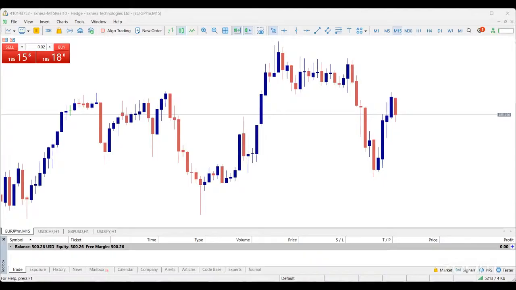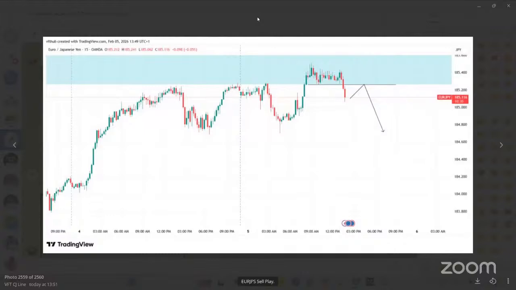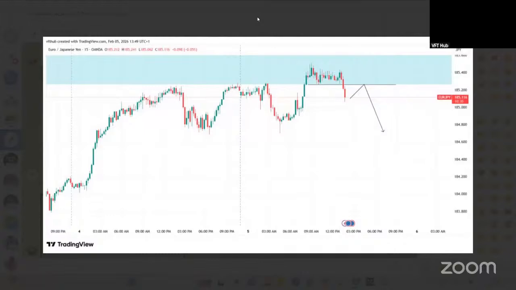So this is where we said we're looking to see Euro JPY trade into, which is the 15 minutes order block. So we said once price trades into this 15 minutes order block, we're going to look for a sell on Euro JPY. So price has done that.